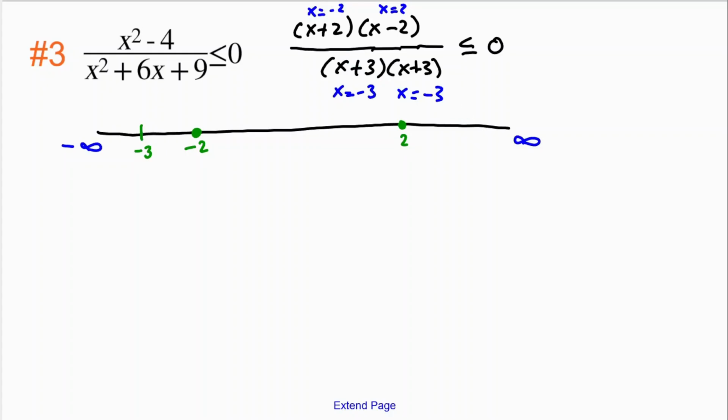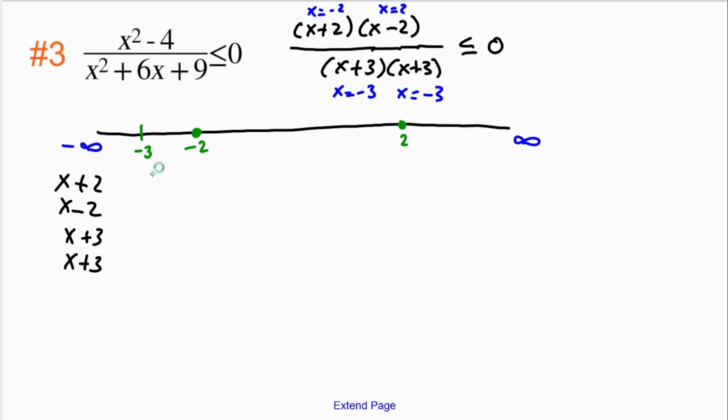So now the process is literally exactly the same. Write our factors. It doesn't matter the order in which you write them. It's just x plus 2, x minus 2. I'm going from left to right, numerator then denominator, but you don't have to do that at all. You can mix and match, because we can commute. So x plus 2, x minus 2, x plus 3, and we're going to write x plus 3 twice.